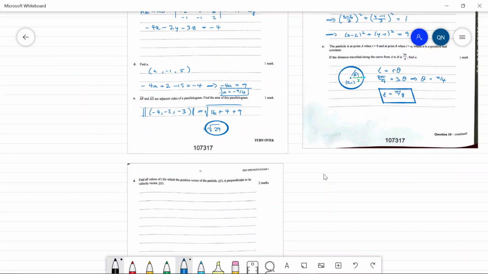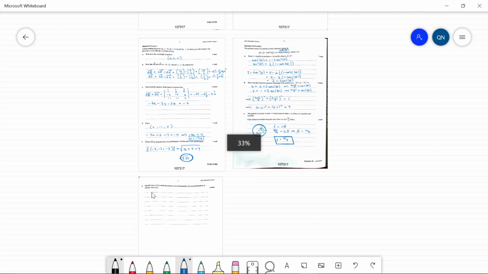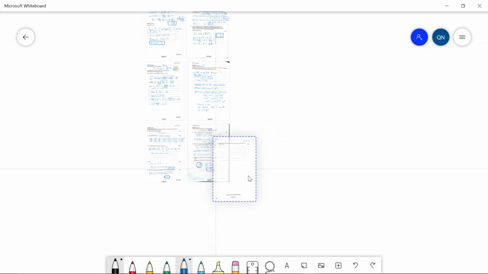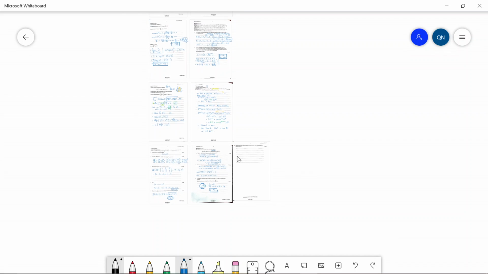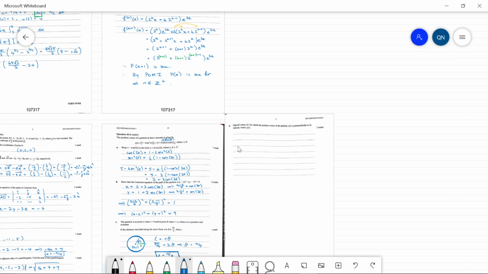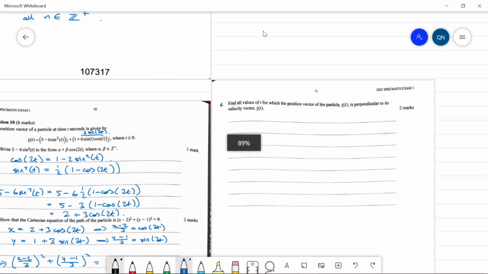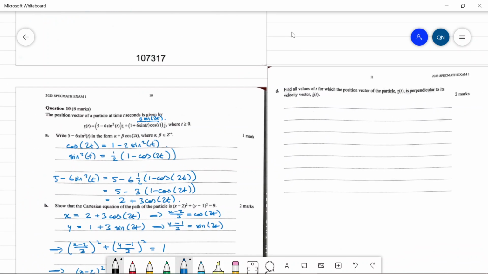Let's try to write down the velocity. I'm going to move this page over to here, just so it's easier to look across instead of having to scroll diagonally. So let's write down r dot of t. What's r dot of t going to be?